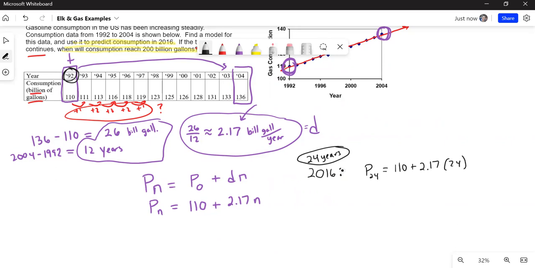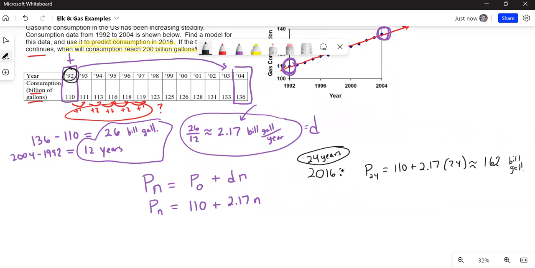I'll use a calculator for this. We have rounded off a little, but we're just making an estimate based upon the data available. Rounding to the nearest whole number, 162 billion gallons would be the projected consumption in the year 2016.